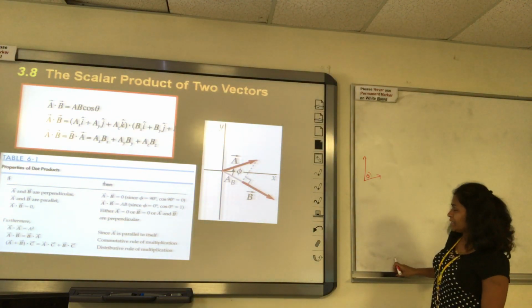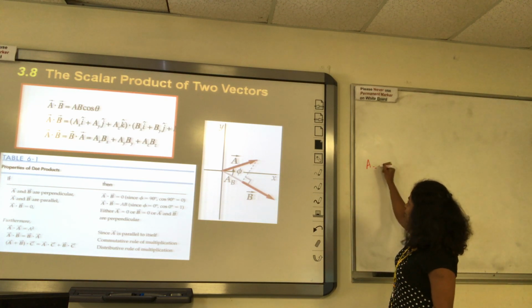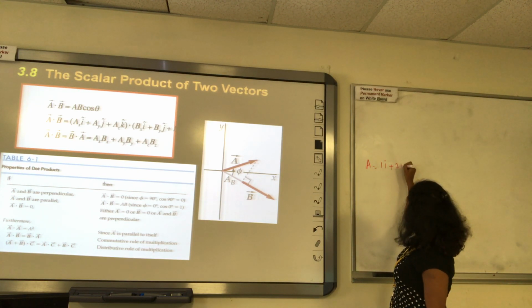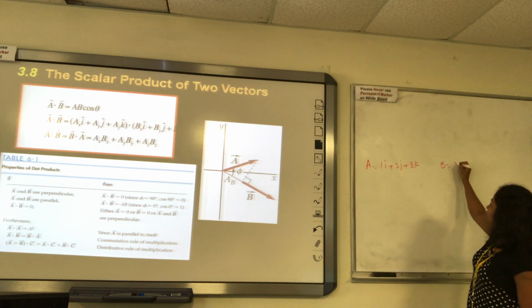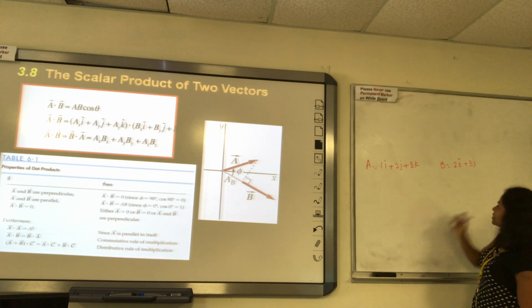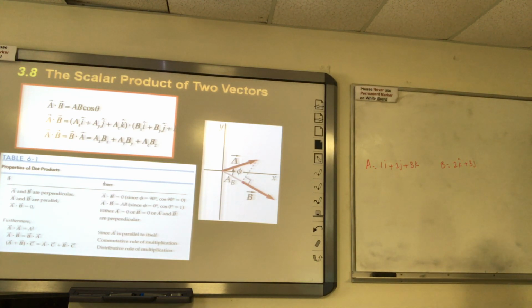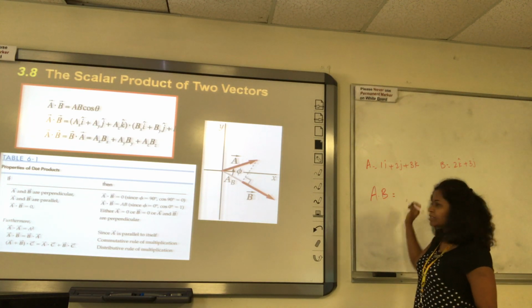But if you are doing the second way, that is I give you A as 1I, 2J, 3K, and B as 2I or 2K plus 3J, something like that. And if I ask you to find the dot product of those two, which is going to give you just a number, no directions at all.